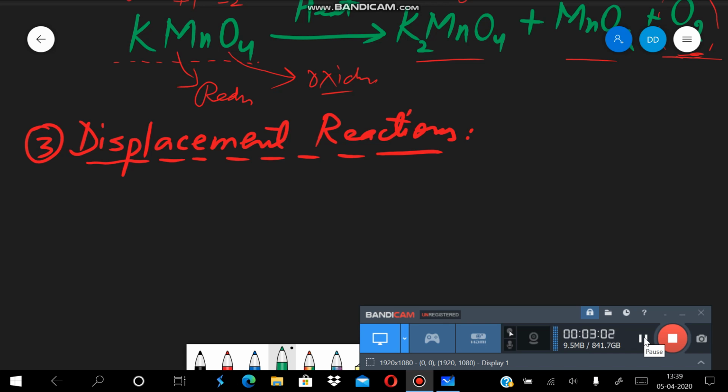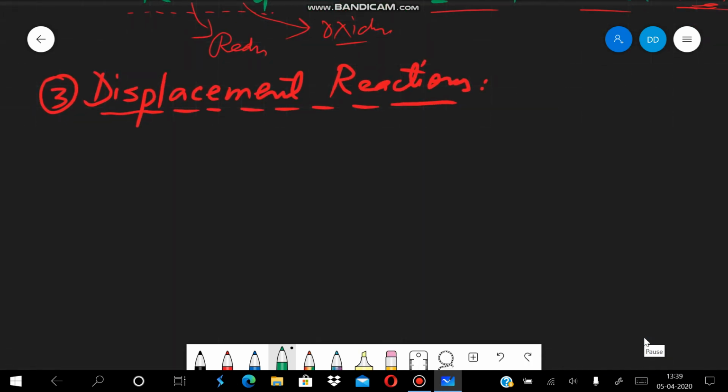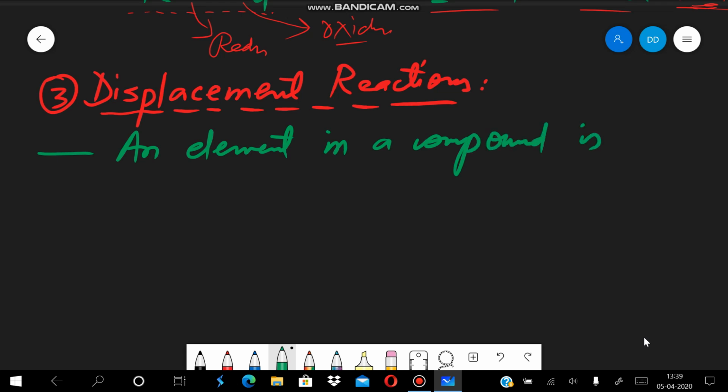The third type is displacement reactions. As the name suggests, in these reactions, an element in a compound is displaced by another element.